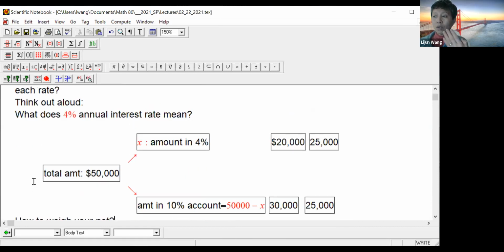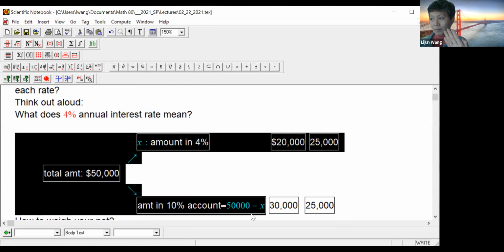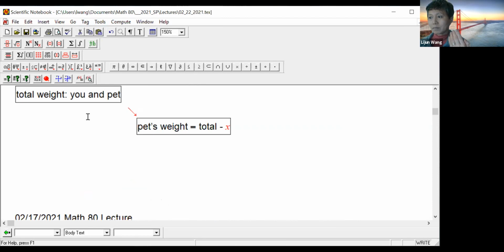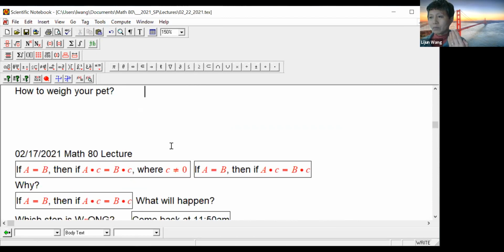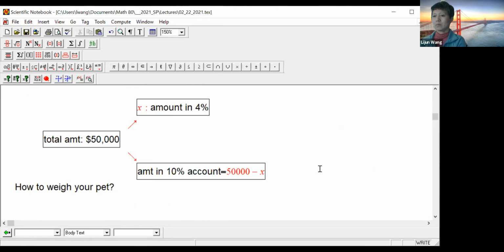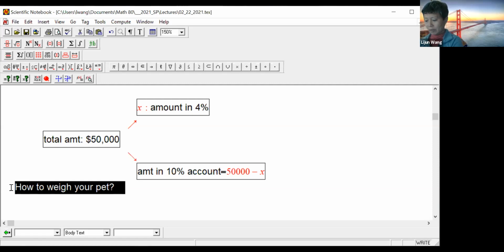So we analyze it in such a way. Now I'm going to put it here, and I'm not going to have to experiment. So the total amount is 50,000 and you put it in two different accounts.